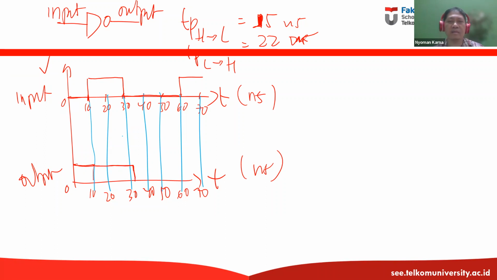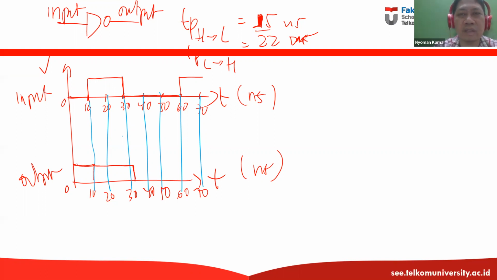Okay. Now, the input changes from high to low. From high to low has a delay of 15 nanosecond. So when the change came at 30 nanosecond, the output will change 15 nanosecond after 30.